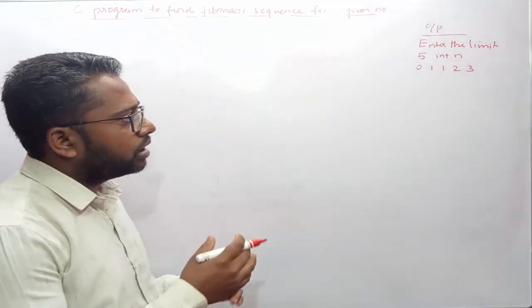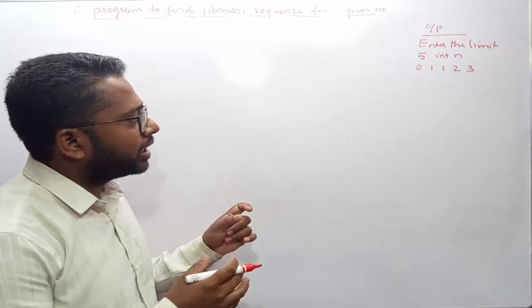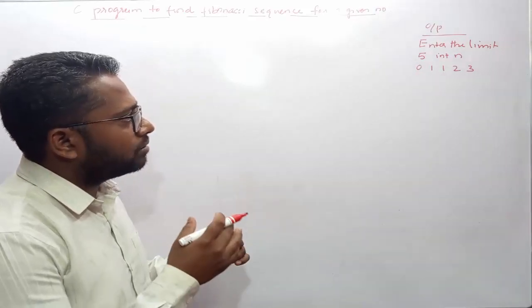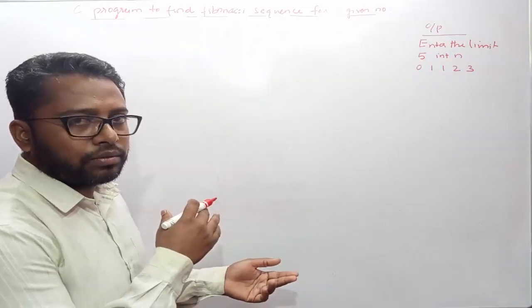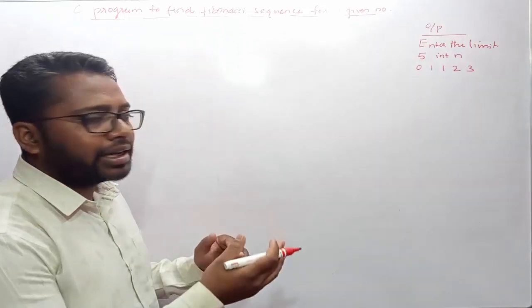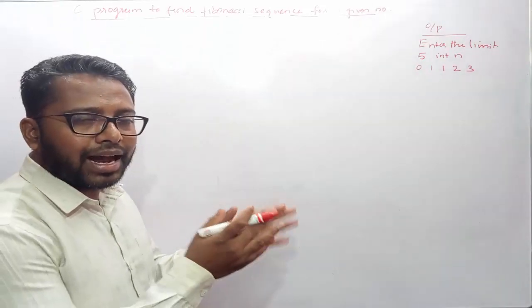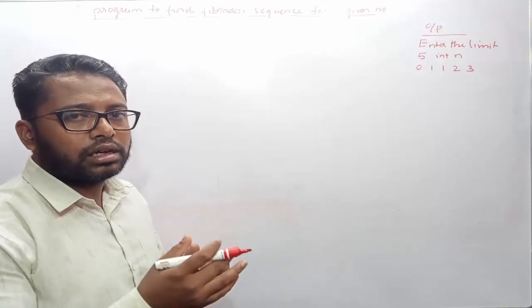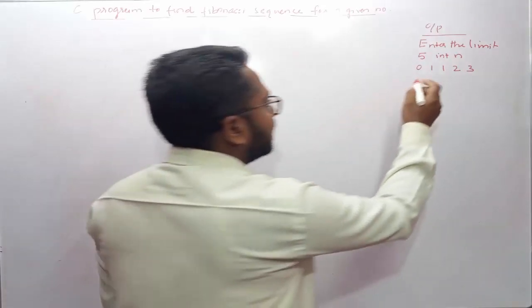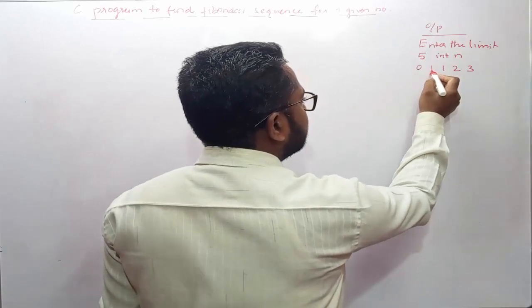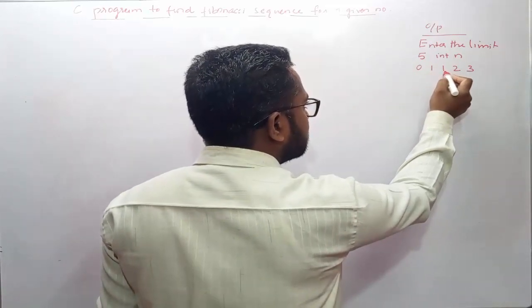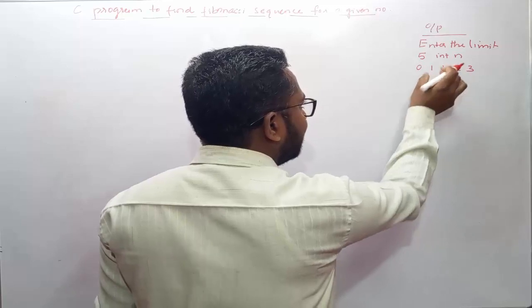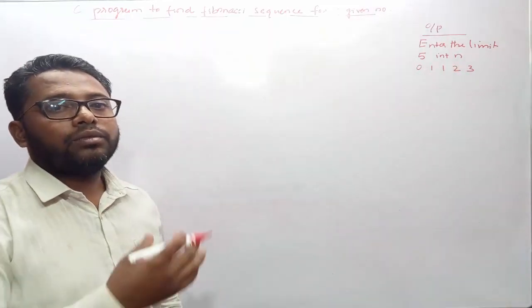So I am performing a specific task in this program. Each and every time I am taking the previous number, the first number, and I am also taking the second number, then I am adding both of these numbers to get the third number. Once I get the third number, next time I make the second the first number and this third the second number, then I add both of these to get the fourth number.